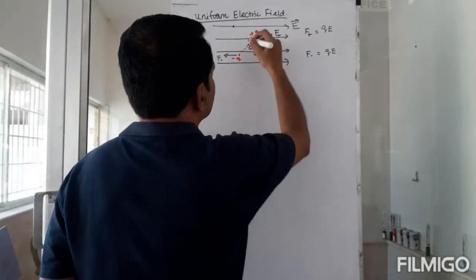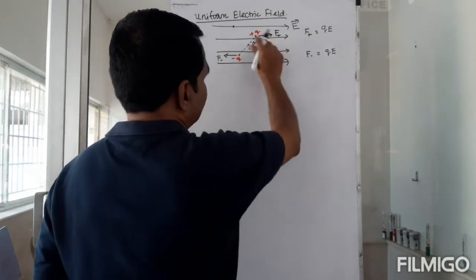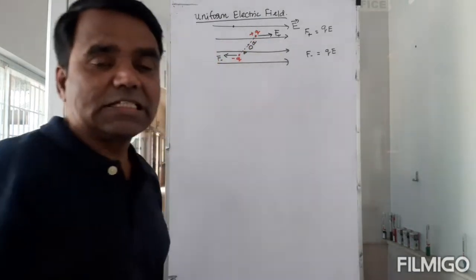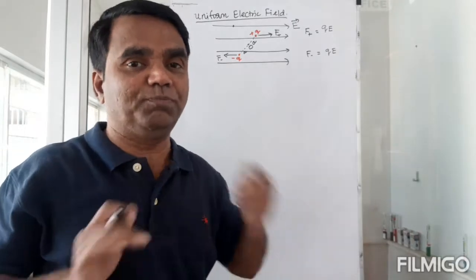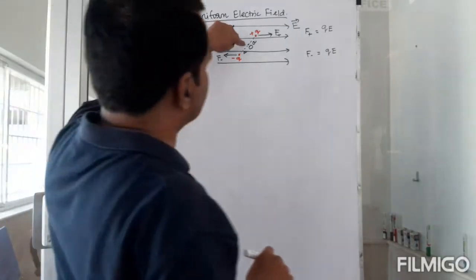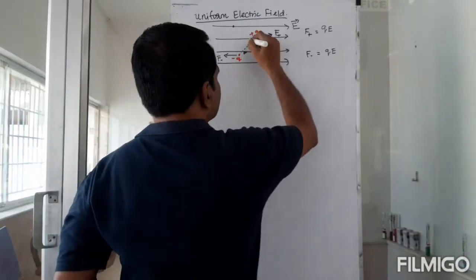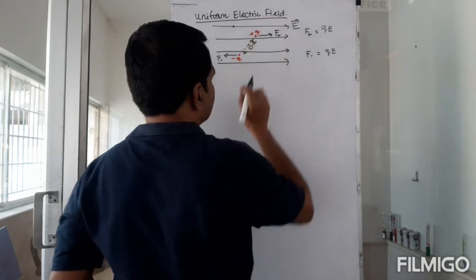Okay, what is the distance here? This is A, and this is also A. So 2A is the distance of separation between the positive charge and the negative charge of the dipole. Now, if this is my center and I need to find the torque, then what will we take? This vector, so that's going to be my R vector, R cross F, right?